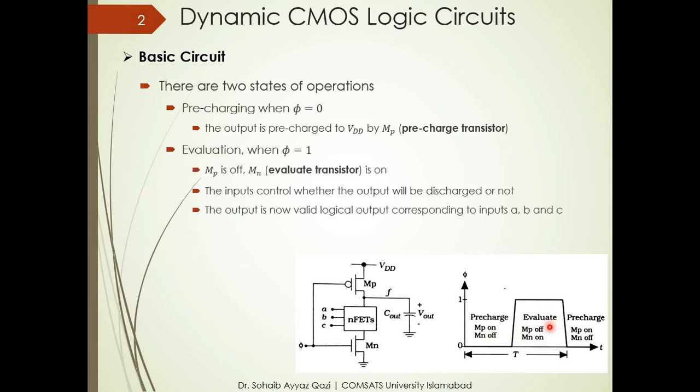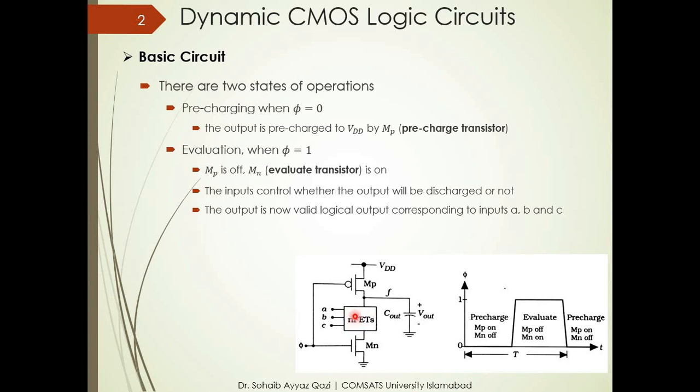In this phase, when phi is equal to 1, it means that this NMOS is now turned on, and this PMOS is off. So what will happen is this capacitor can discharge through this NFET logic.